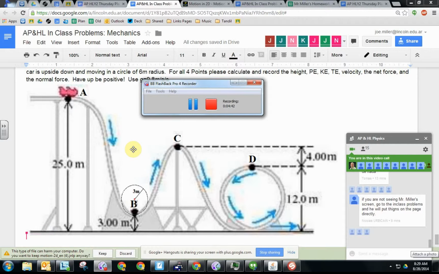And so the normal force might not be the same as gravity. In fact, it can't be if you're going to be going in a circle. And so the leftover force, the net force, has to be equal to mv squared over r. Okay? And we get v often by using potential energy versus kinetic energy issues.